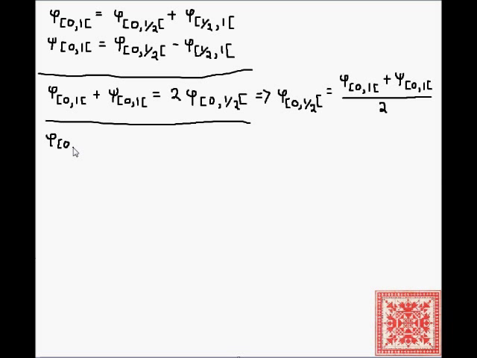Okay, and then similarly, to get the formula for phi from 1/2 to 1, we will subtract the two equations. So phi from 0 to 1 minus psi from 0 to 1 is equal to 2 times phi from 1/2 to 1.